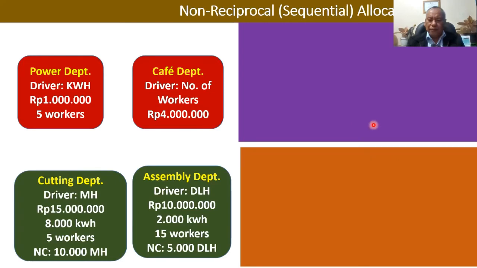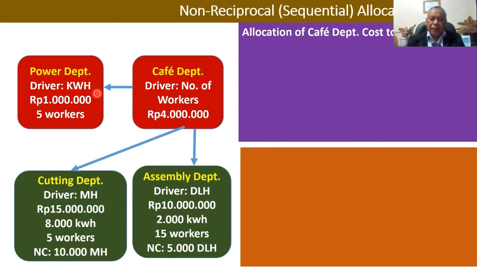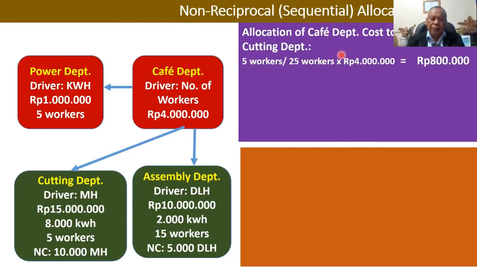Cafe cost to cutting: 5 workers divided by 5 plus 15 plus 5, times 4 million, gives 800,000.